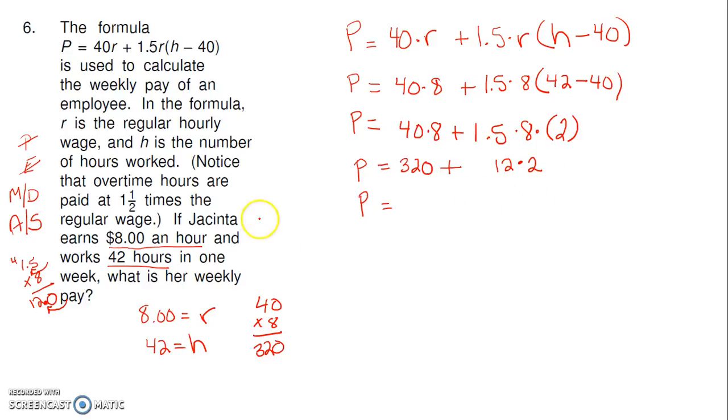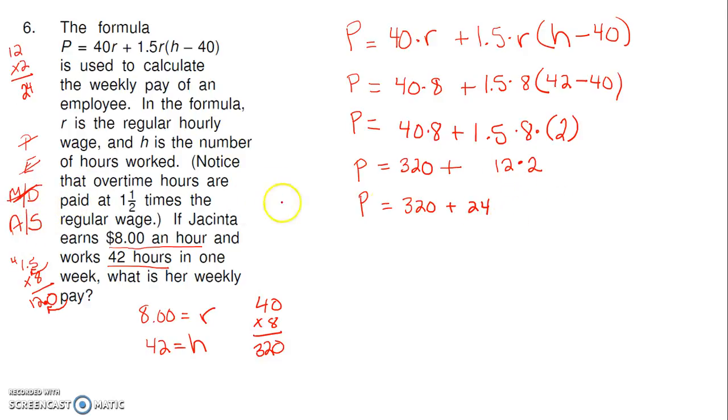Now 12 times 2, if you need to long multiply, 2 times 2 is 4, 2 times 1 is 2, or you just knew 12 times 2 is 24. So I have 320 plus 24. Again, you had to take care of all of your multiplication or division before you ever worry about addition or subtraction. But now we're done with all our multiplication and division.